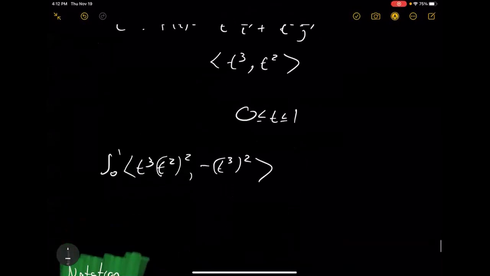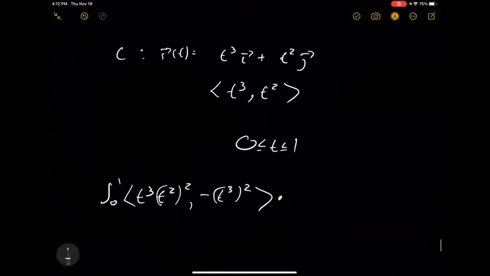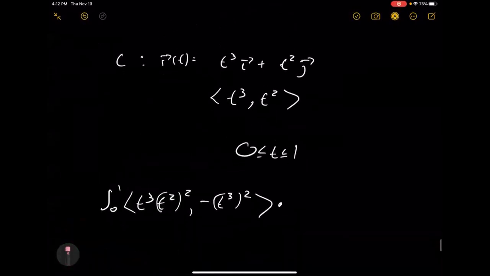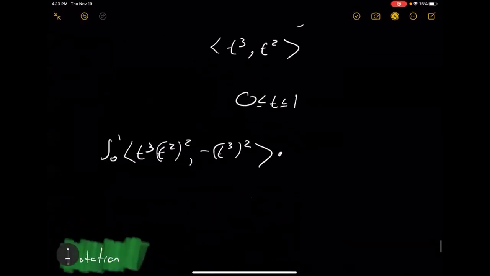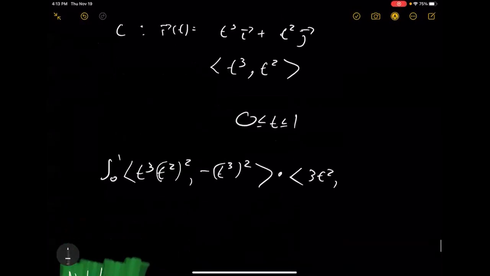So that's my F of x, y. Then I take the dot product with r prime of t. That's r of t. What's r prime of t? 3t squared, 2t. And then I have dt.